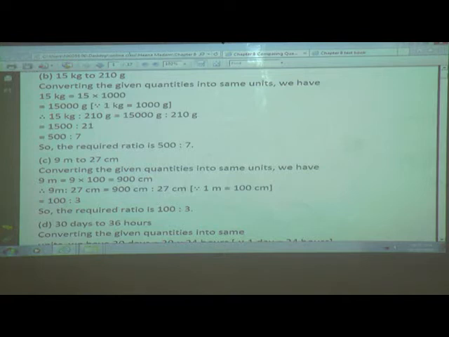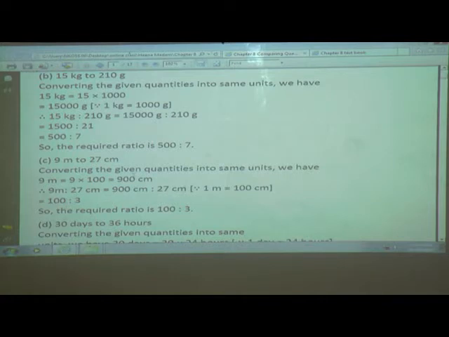In this way we first converted kg to gram. Here we have another example, 9 meter to 27 centimeter. First what do we have to do? Convert this meter into centimeter, or you can convert the centimeter into meter. Both can be used.